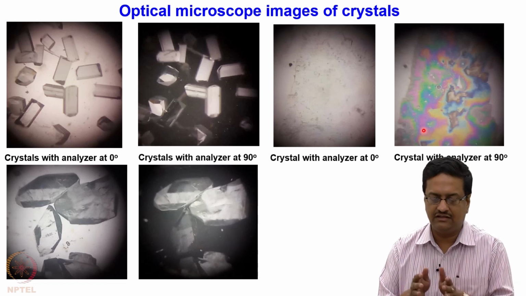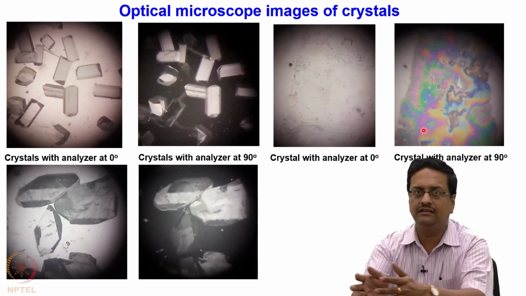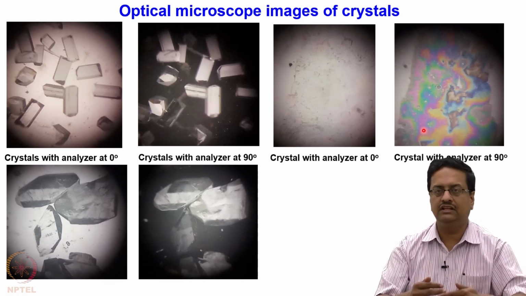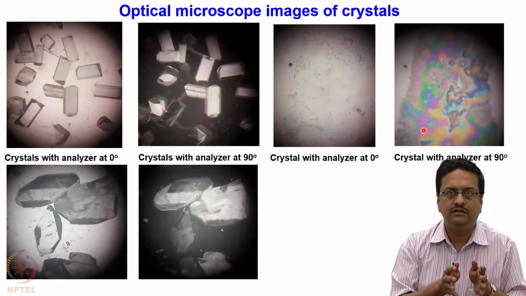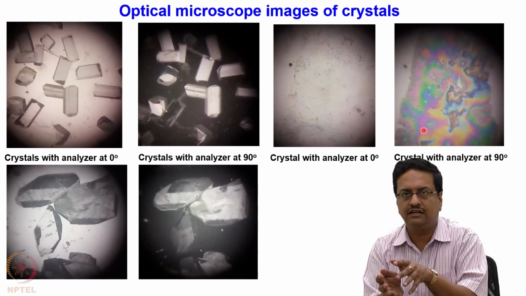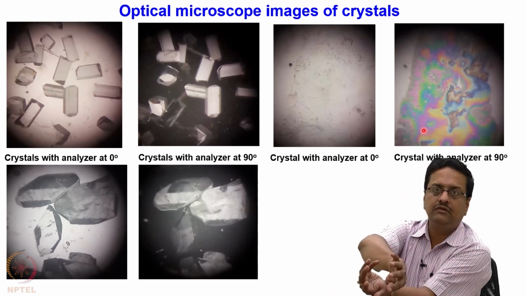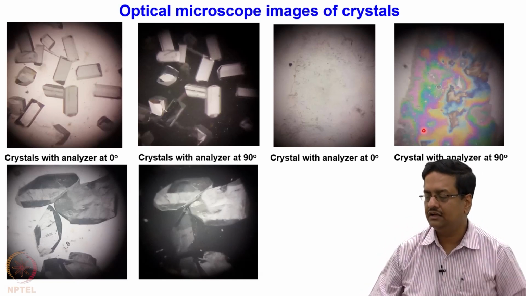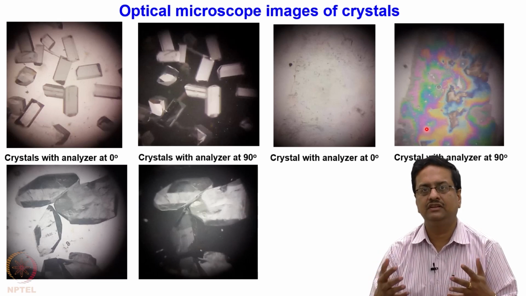The unit cells may be arranged like this for some time, then arranged in a different direction, and then in another direction. The unit cells may be like this up to some point, then tilted at some point, then further tilted, then the unit cell may be inverted. So there are several such domains with different orientations of the unit cells.